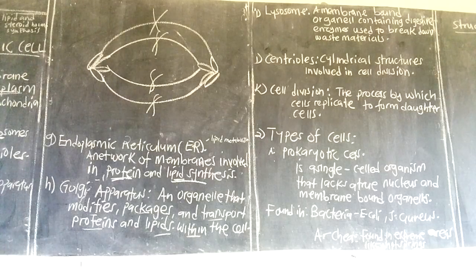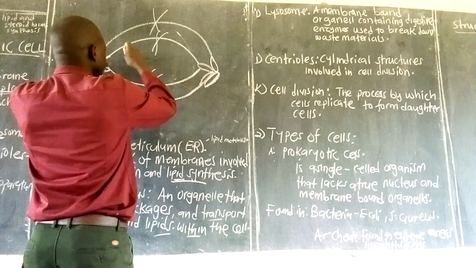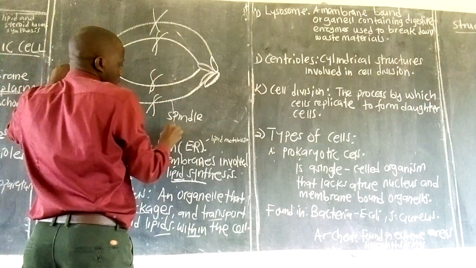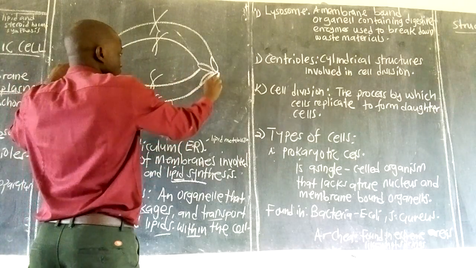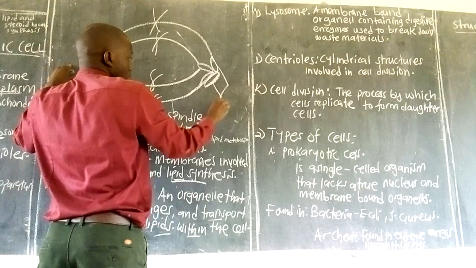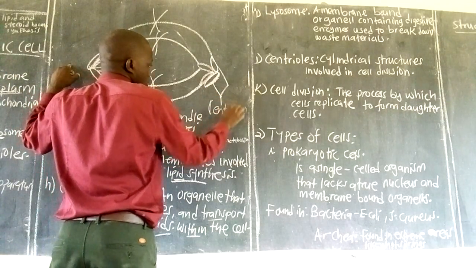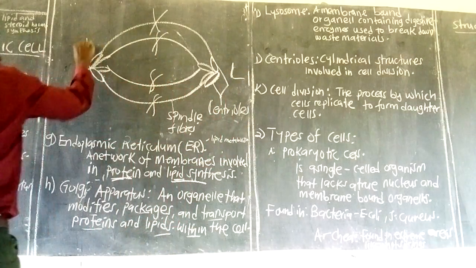So these cylindrical structures help attach the spindle fibers. So we have these spindle fibers and these cylindrical structures, which we are calling centrioles. We have those to the left, and those to the right.